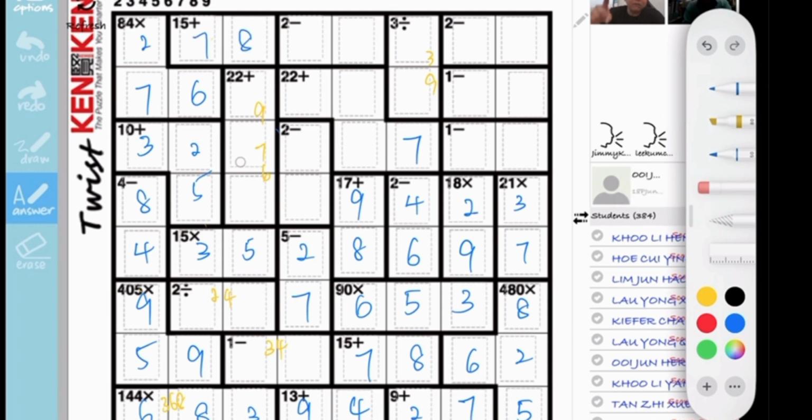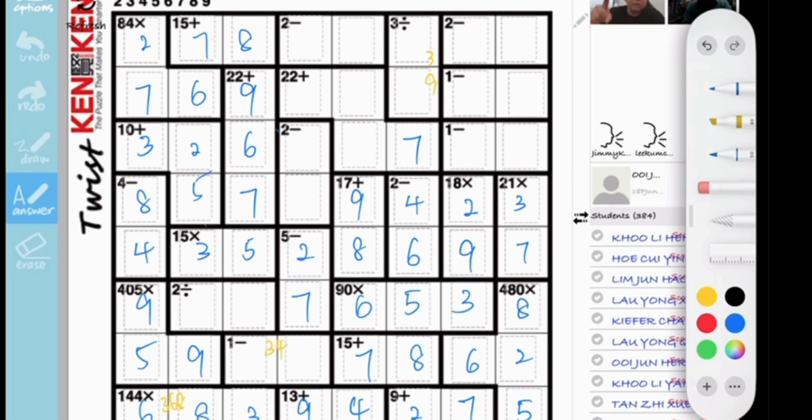Okay. So for the 22 plus, it can only be 9, 7, 6. And since we have 7 at the second row and third row, 7 must be here. And 6 cannot be at the second row, so 6 will be here, 9 will be here.